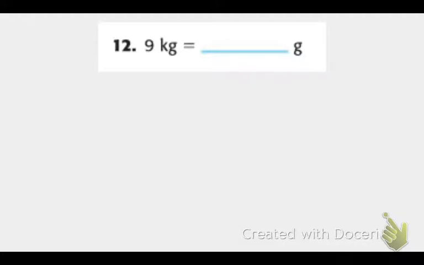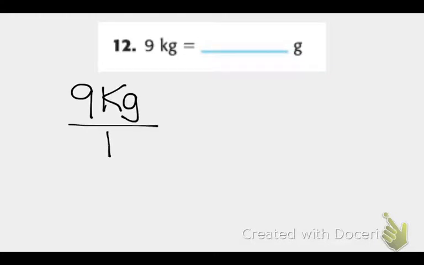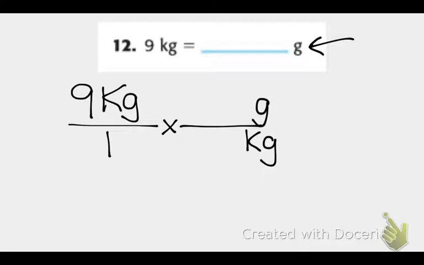Here's your solution. So if I have 9 kilograms, again, I set that over 1. I multiply this by kilograms. I look and see what I need to find. I need to find grams. And then I need to think, all right, so how many grams are in a kilogram? Well, I know there are 1,000 grams in 1 kilogram.